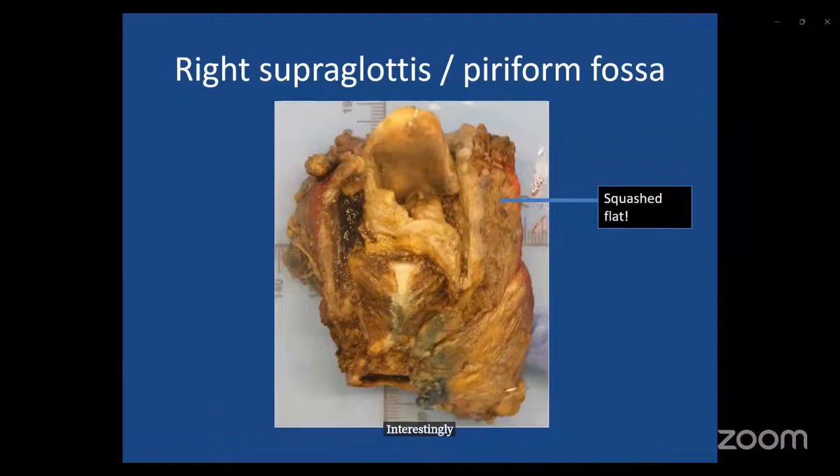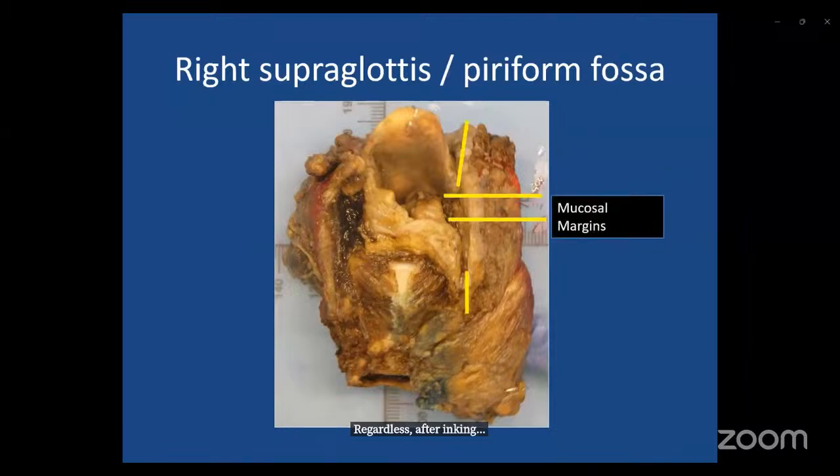Interestingly, we've had some distortion. It's been tied too tightly onto the corkboard and the piriform fossa has been squashed flat. Regardless, after inking, we can go ahead and take some mucosal margins off the right lateral piriform fossa, the superior margin and the inferior pharyngeal margin.